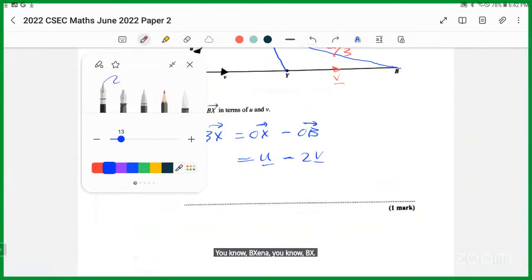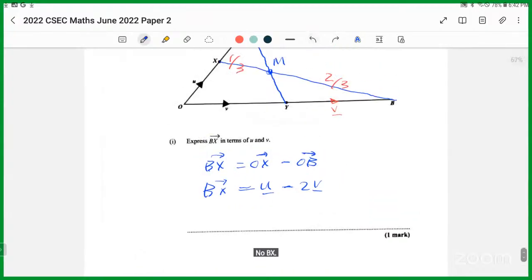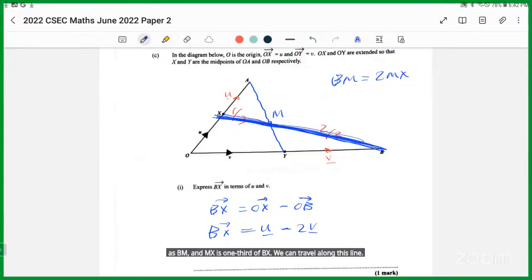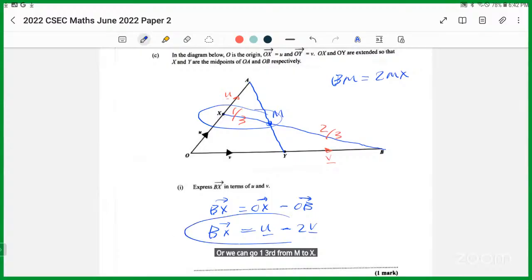So this piece BM is 2/3 of BX, and MX is 1/3 of BX. We can travel along this line because we know the vector. We can go the entire way using BX, or we can go 2/3 from B to M, or 1/3 from M to X of this vector BX.